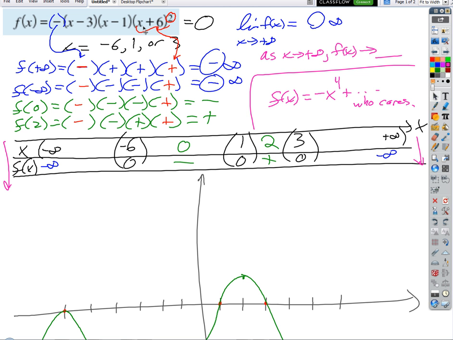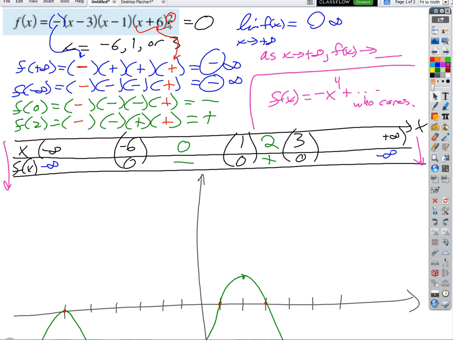So as values move to the left or right very slightly from -6, what should happen? This factor is going to get much smaller. If we put in, for example, -6.1, -6.1 plus 6 is 0.1, squared is 0.01. It gets really small. So that's going to cause the value of the function to get much smaller. Did everybody see that? That's why we get that tangent behavior.